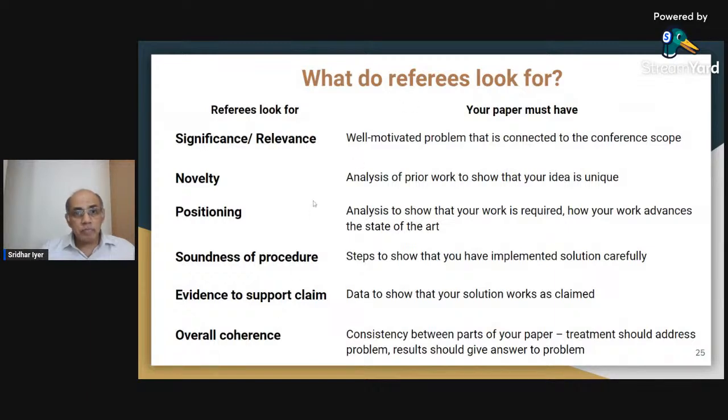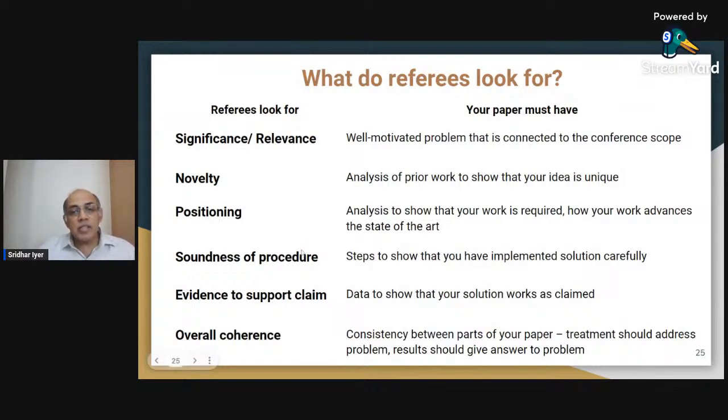Then there is novelty, which means analysis of prior work to show that your idea is unique. Positioning goes hand in hand with novelty, where you show that your idea is unique and this is the way it contributes to the existing work.